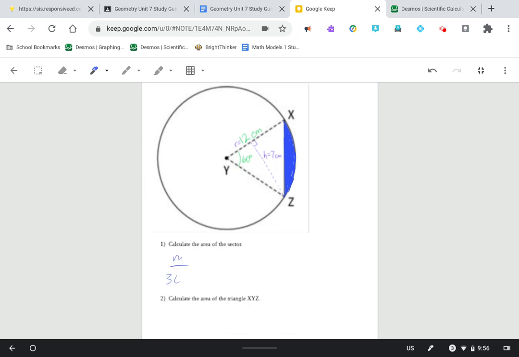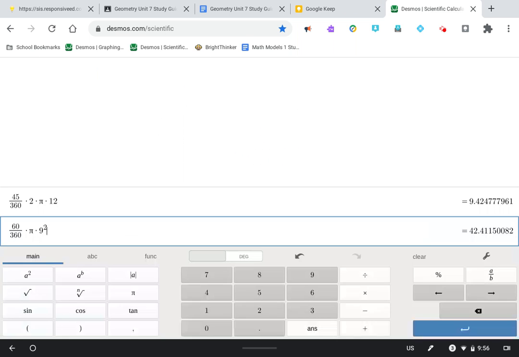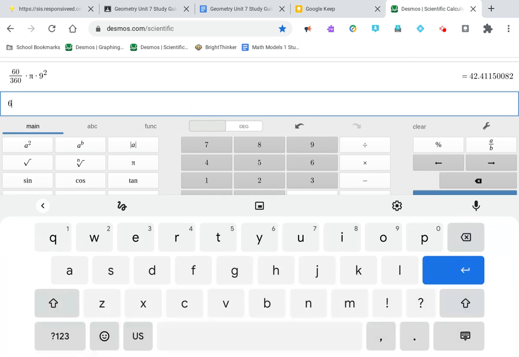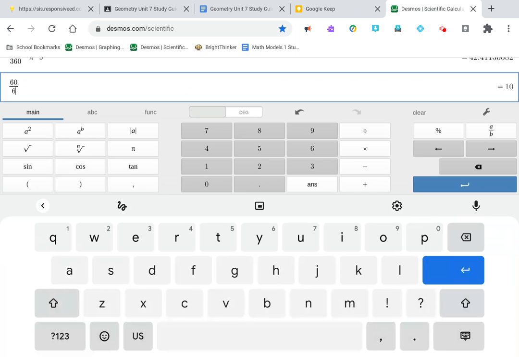Remember, it's m over 360 times pi r squared, which in this case is 60 degrees over 360 times pi times 12 squared. So we're going to hop over to our calculator. And we're going to do the same thing. 60 over 360 times pi times 12 squared.